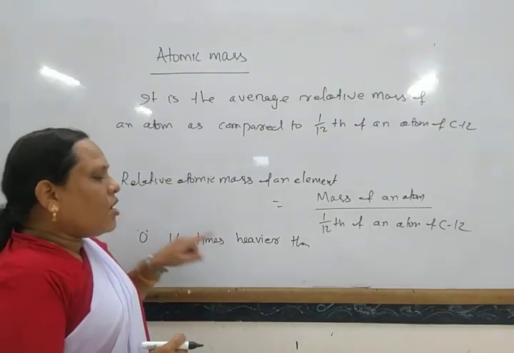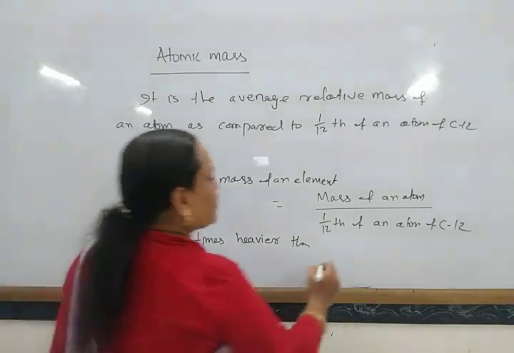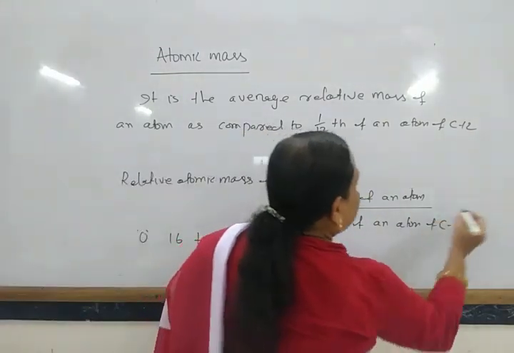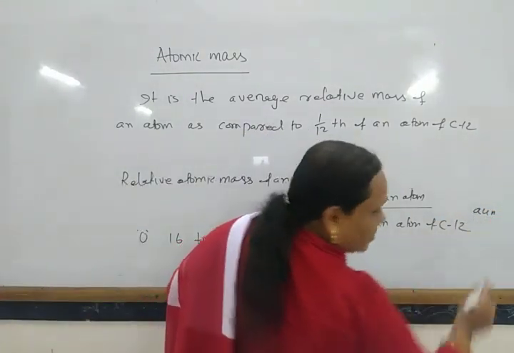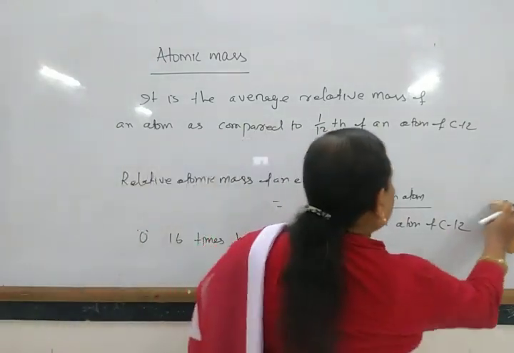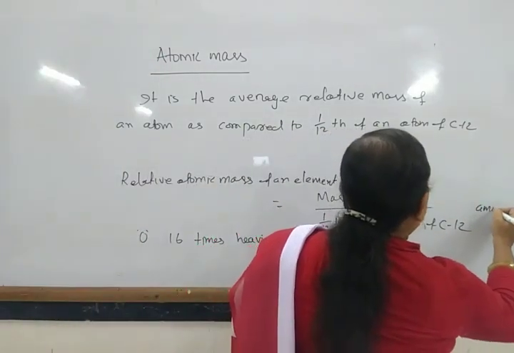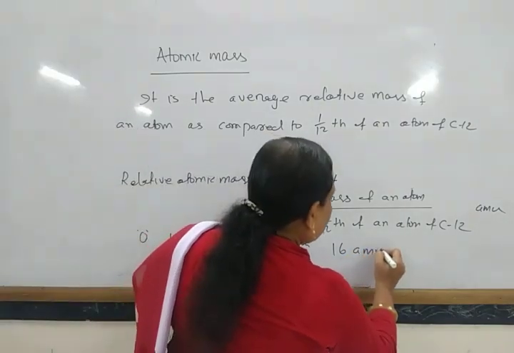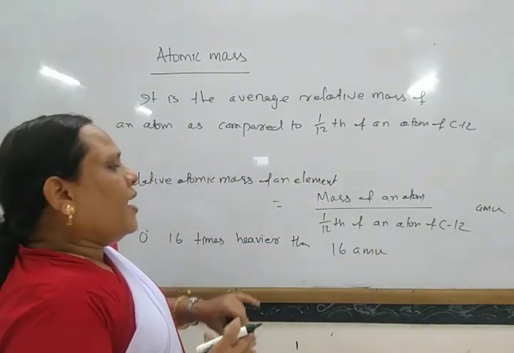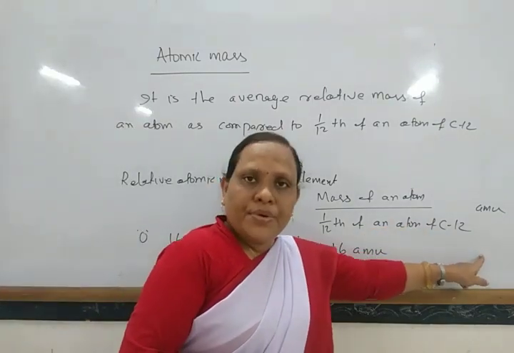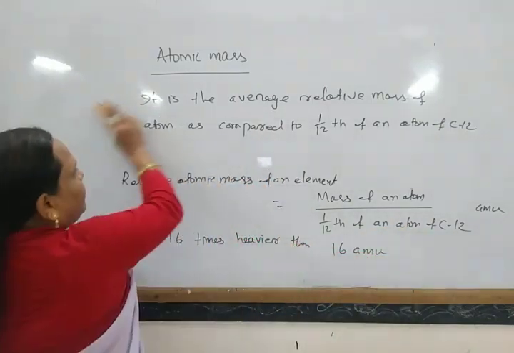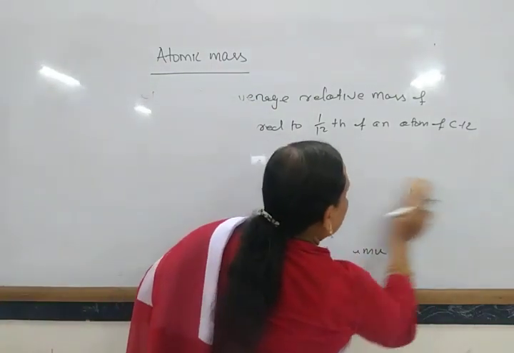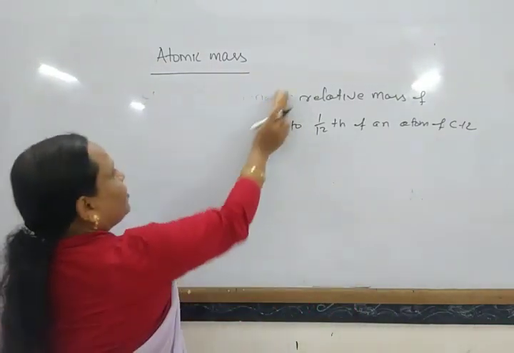Hence, the atomic mass of oxygen is taken as 16, and this value is expressed as AMU. Hence, the atomic mass of oxygen is 16 AMU. And what is the value of this AMU? The value of this AMU is equal to 1.66 into 10 to the power minus 24 gram.